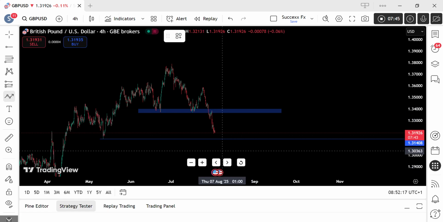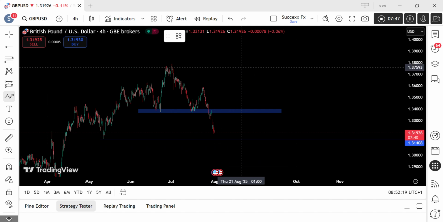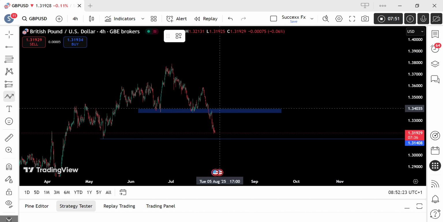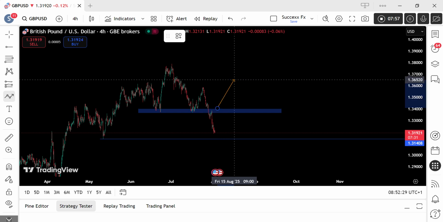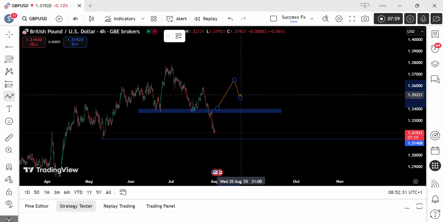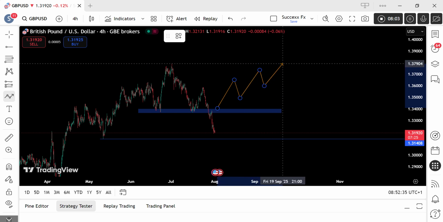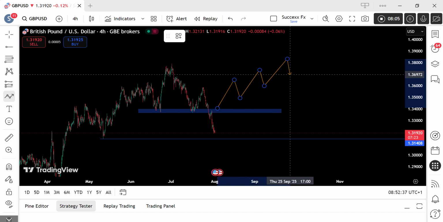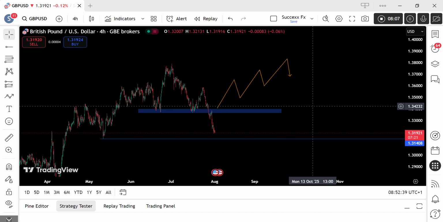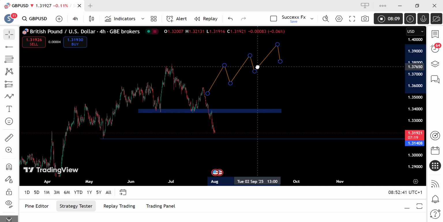Price moves in a zigzag, either upward in a range or downwards. So this is how price moves originally in forex trading: higher high, higher low, higher high, higher low, higher high, higher low. All right, this is for an uptrend when the market is bullish.